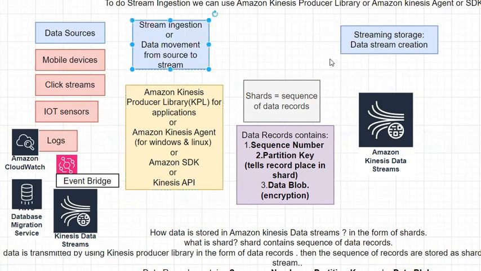What is that? Kinesis data stream. So by using the Amazon Kinesis Producer Library, Kinesis agent, SDK, or Kinesis API calls, we can do stream ingestion, which is data movement from our data sources to this streaming storage, that is data streams.